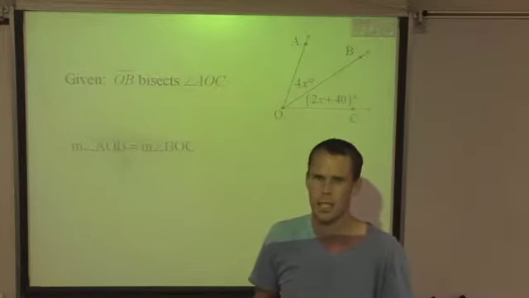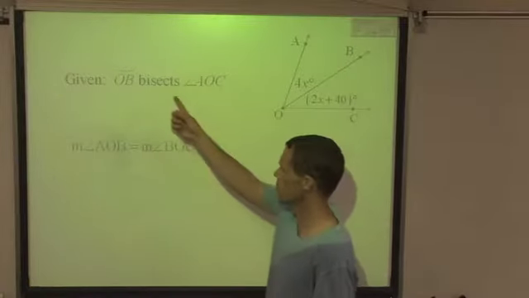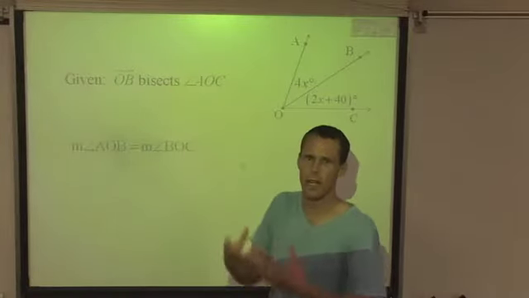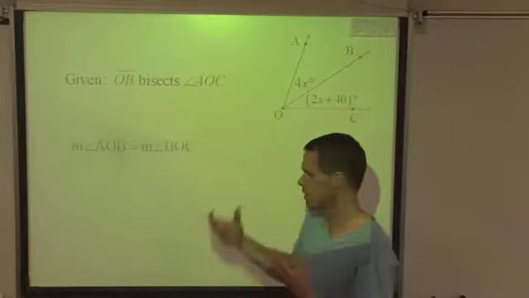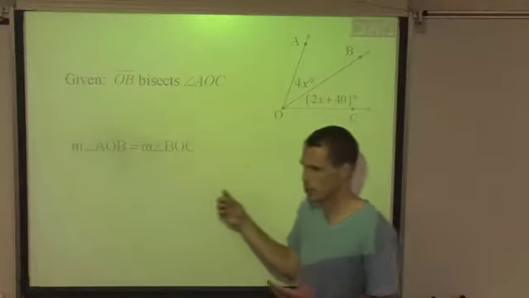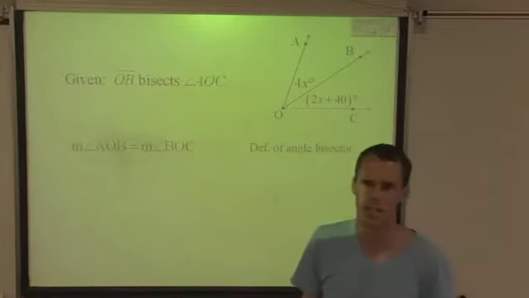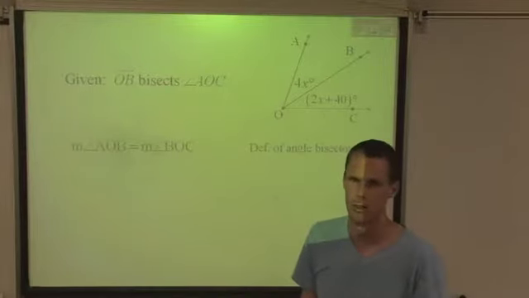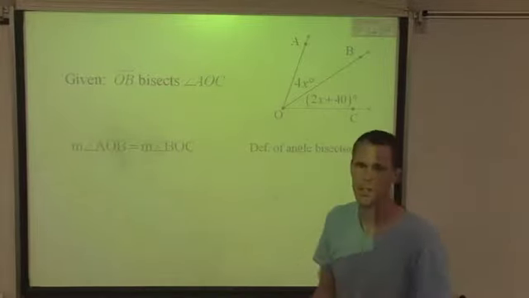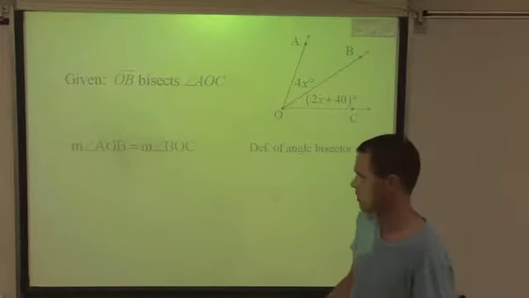What could this be? Well, it definitely comes from the word bisect. And we know that if an angle is bisected, it divides into 2 equal parts. So we justify this with the definition of an angle bisector tells us that this is true. Now from here, this becomes the same as the previous examples.